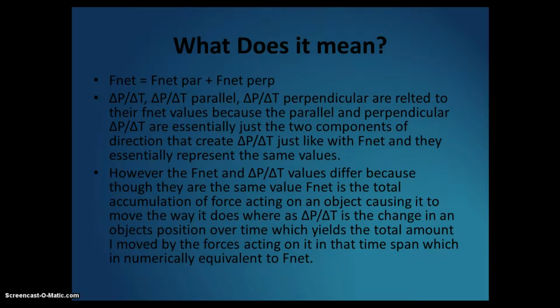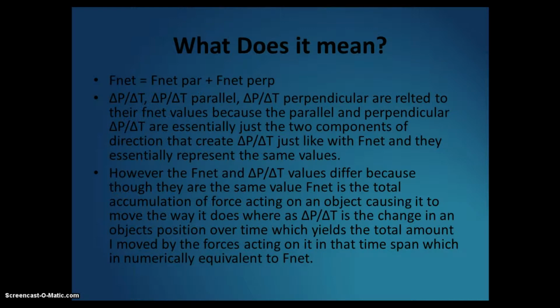One, the Fnet parallel, moves in the direction of the momentum, or p hat, and the Fnet perpendicular goes in the n hat direction towards the center of what you're rotating around. Now, just like Fnet, dp/dt and its parallel components are related because the parallel and perpendicular essentially just come together to form the total net component, or the total dp/dt.